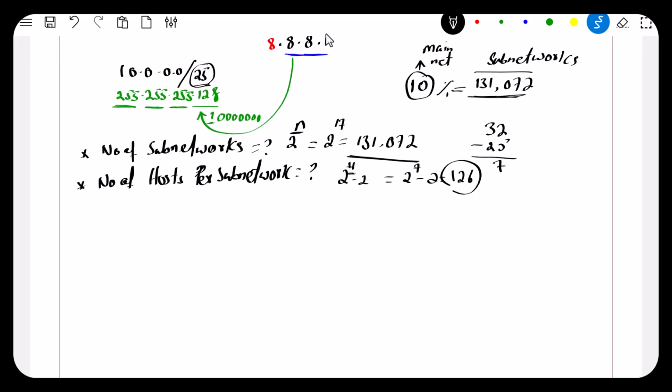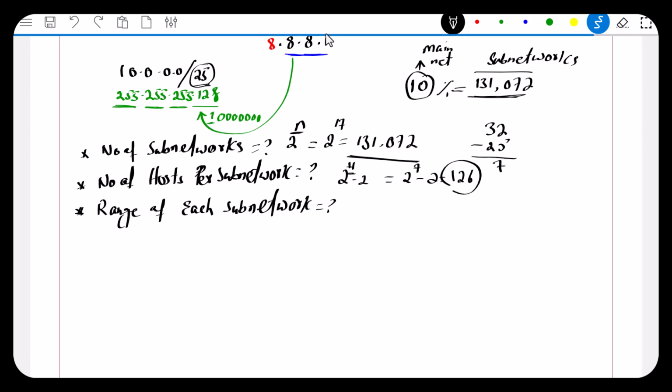Okay, now let's find the range of each subnetwork. This is important and most of the students get confused in this part. Remember, as you already learned in previous lectures, we have to see in which octet we have the on and off combination. You can see that here we have on and off combination in the fourth octet.